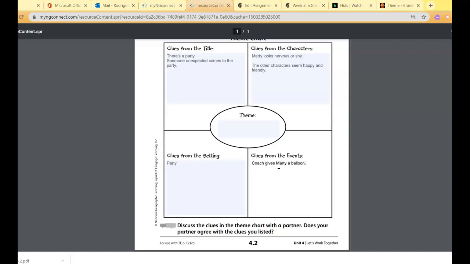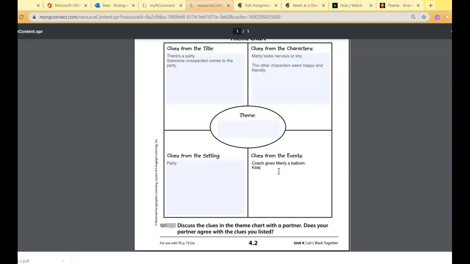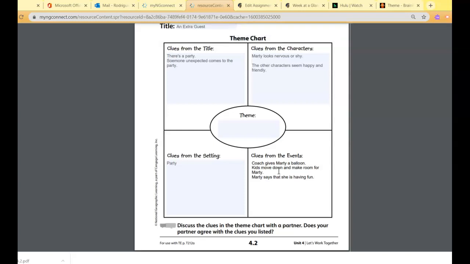And the coach wouldn't do that if he didn't want her there, would he? And the kids move down and make room for Marty. And Marty says that she is having fun, right?